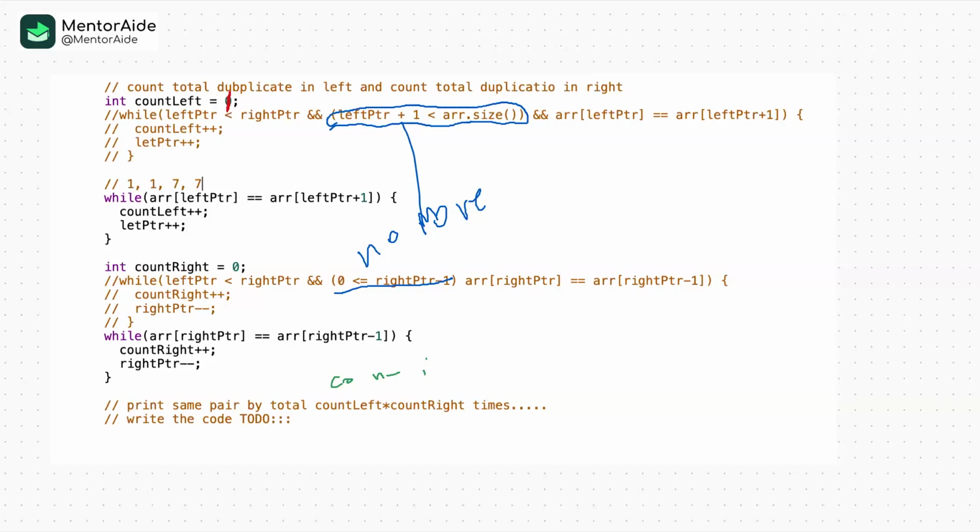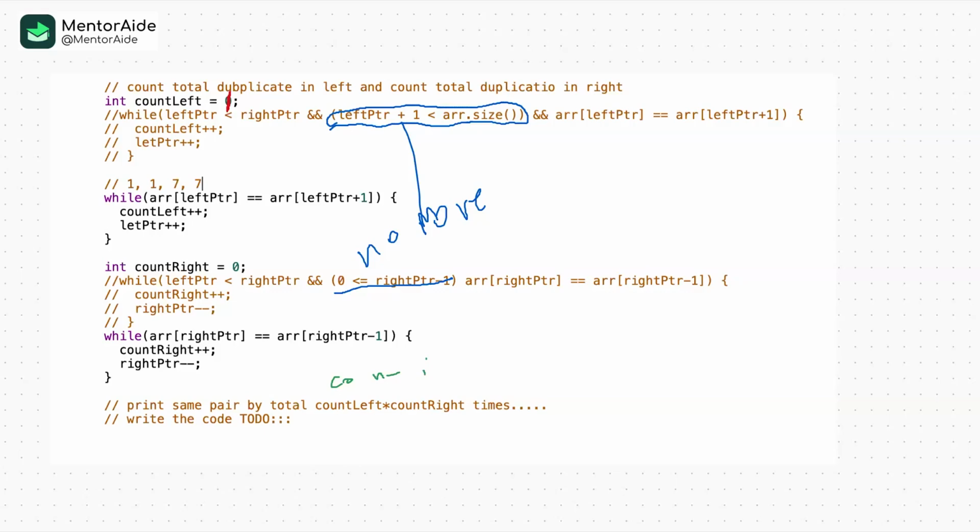Since the right pointer keeps decrementing, you know that before 0 there is nothing. So this check is saying, hey, please stop. We are done. We can't move on more.